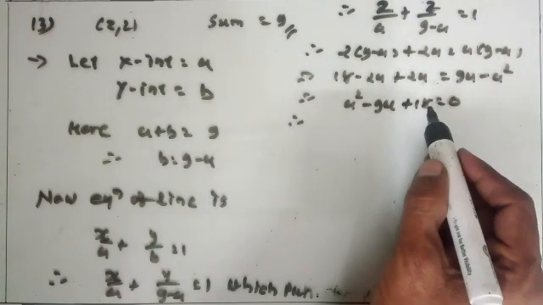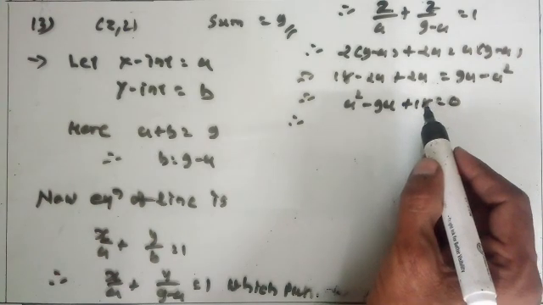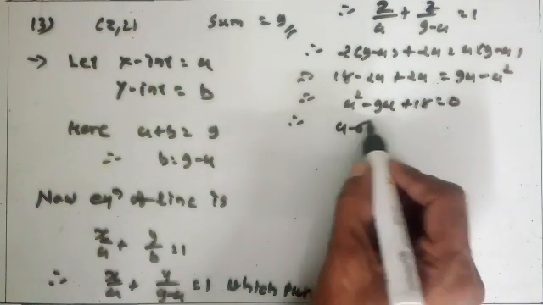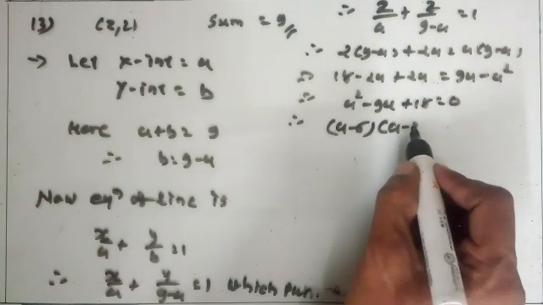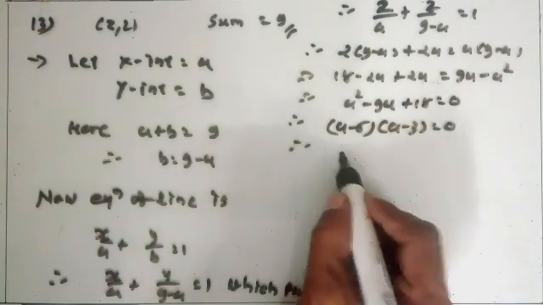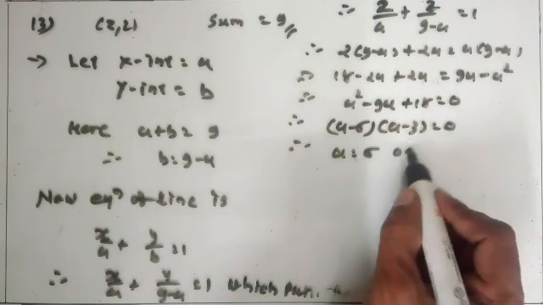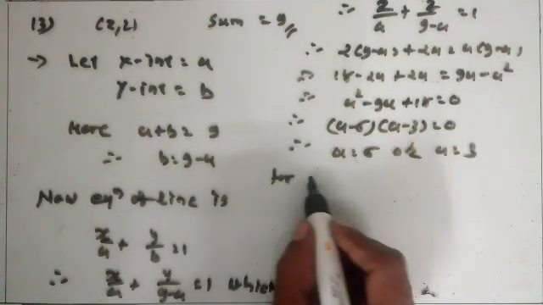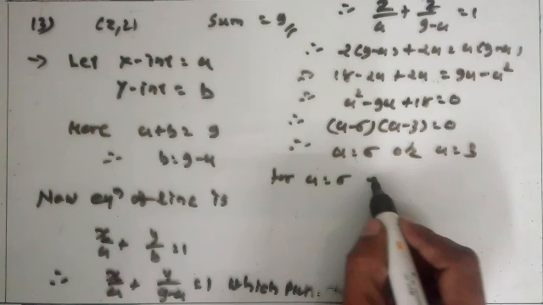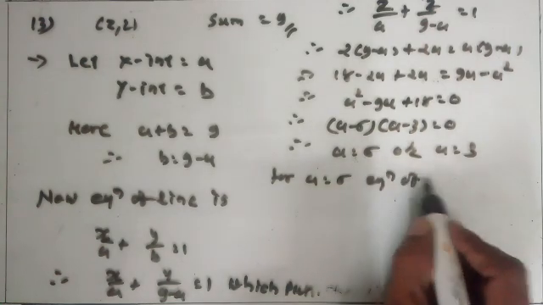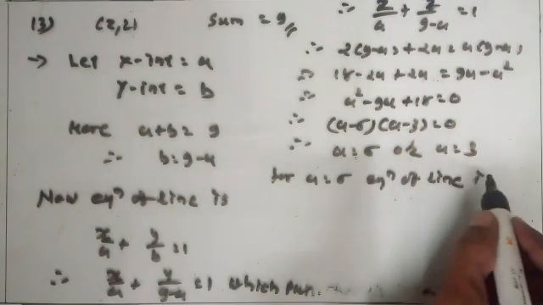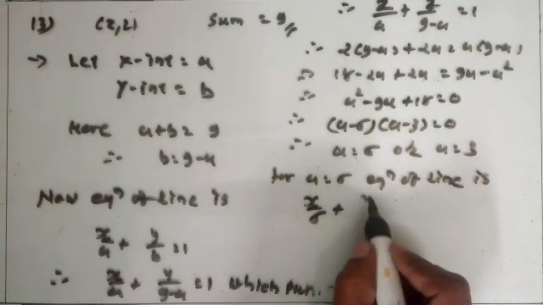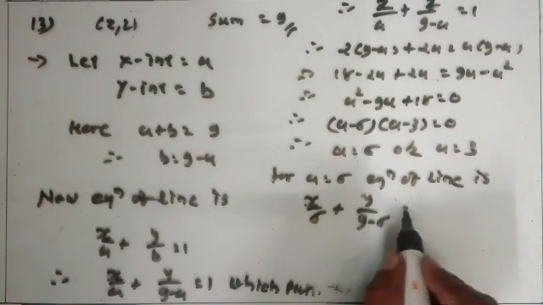Therefore, A square minus 9A, the 2A and 2A cancel, plus 18 equal to 0. Factorizing 18 as 6 and 3, whose sum becomes 9, we get A minus 6, A minus 3 is equal to 0. Therefore, the value of A is equal to 6 or A is equal to 3. For A is equal to 6, the equation of line is x upon 6 plus y upon 9 minus 6 is equal to 1.